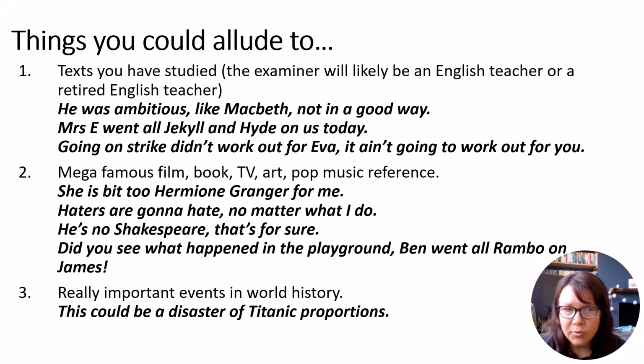And then super important events in world history, and there's a slight caveat with that, which I'm sure you can guess what it is, but the example here is that this is a disaster of titanic proportions. All right, when you're doing references to world history, you want to avoid any references to the terrible things that happen in our world history that are still areas of sensitivity. So we are not going to reference any form of terrorist attacks, 9/11, anything like that.